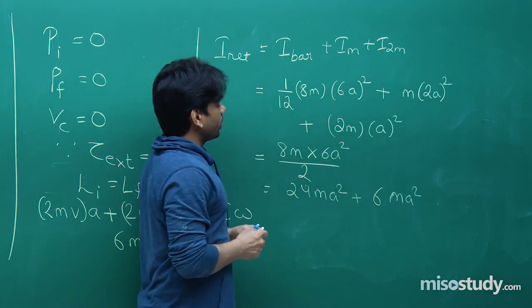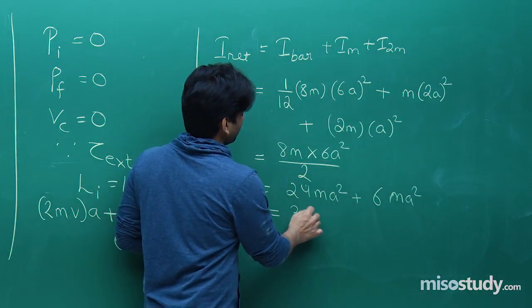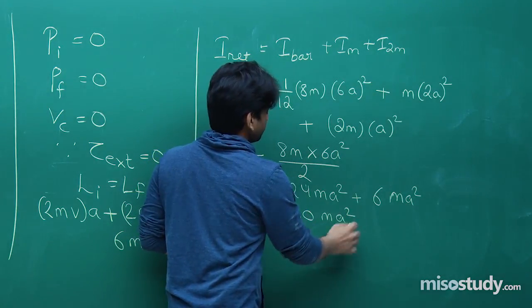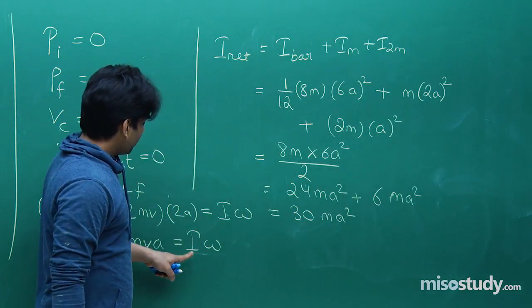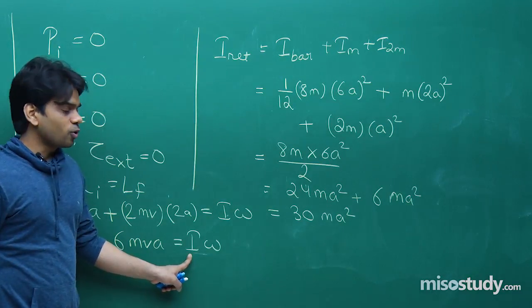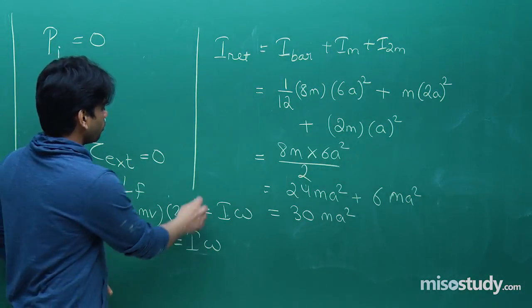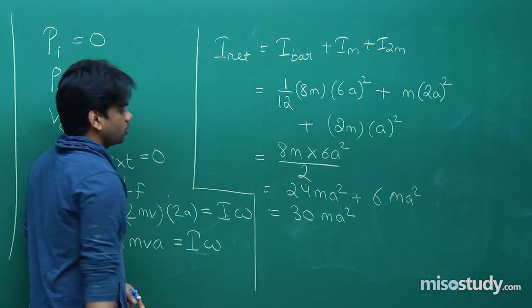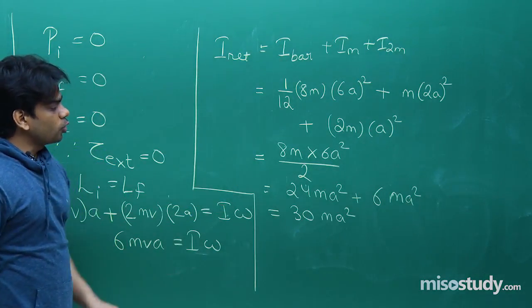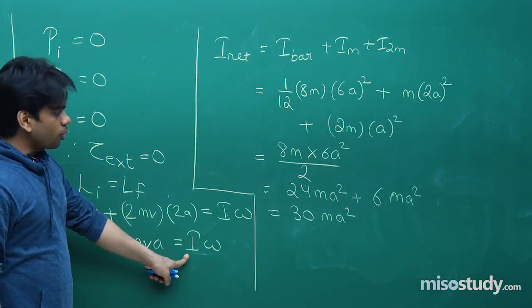So you are going to obtain 30 ma whole square as the moment of inertia. Don't get confused, moment of inertia is 30 ma whole square, substitute here in this equation.